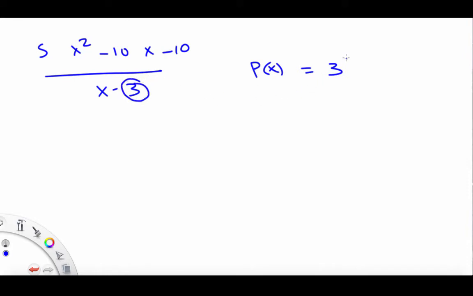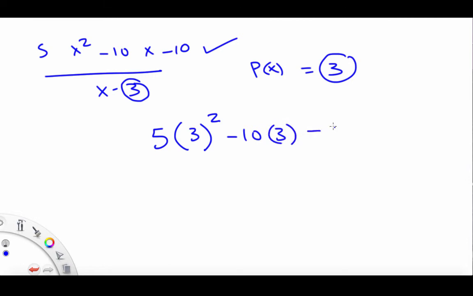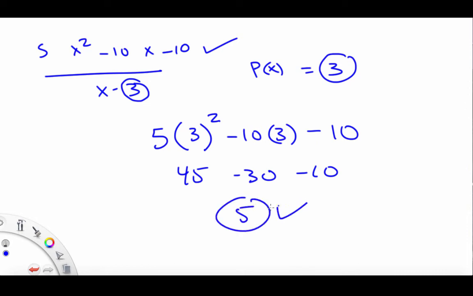So we plug our 3 into the whole polynomial: 5 times 3 squared minus 10 times 3 minus 10. We substitute 3 for every x. 45 minus 30 minus 10, and our answer should be 5, our remainder. Didn't we have that remainder in our previous one? It's the same thing. It's just evaluating. This one is called evaluating.